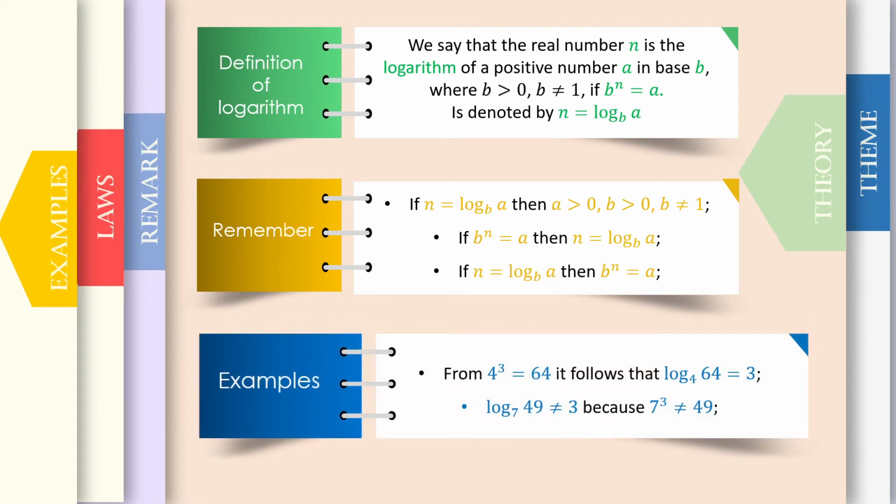For example, 4 to the power 3 is equal to 64. It follows that logarithm in base 4 of 64 is equal to 3. Logarithm in base 7 of 49 is not equal to 3, because 7 to the power 3 is not equal to 49.